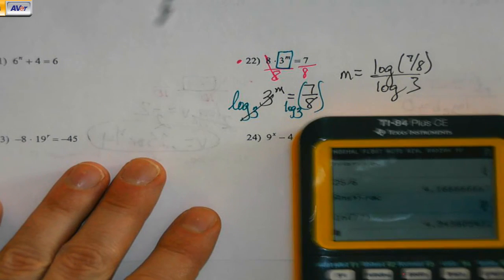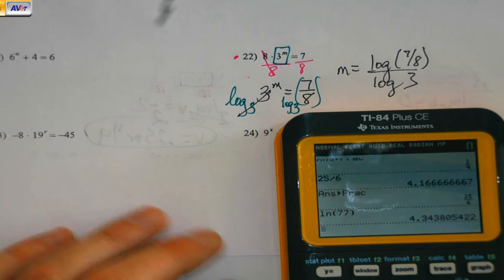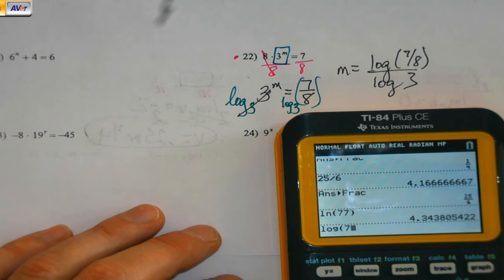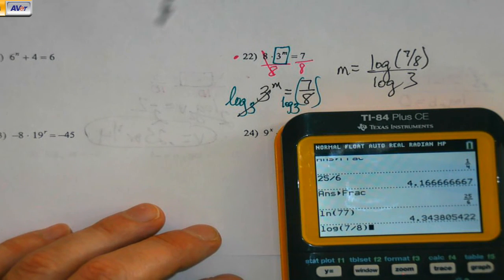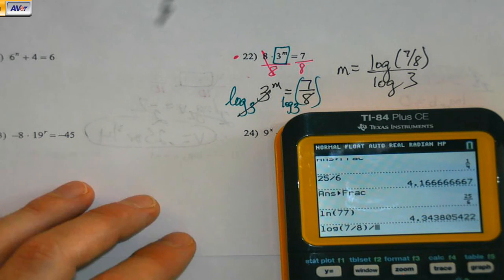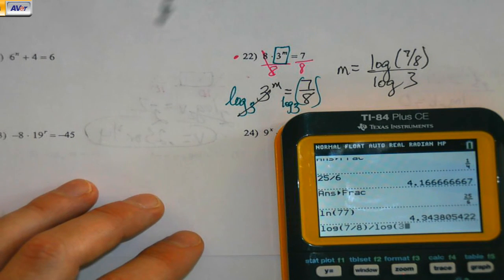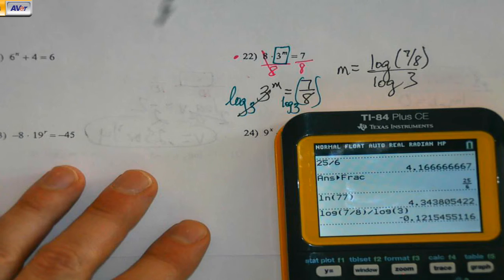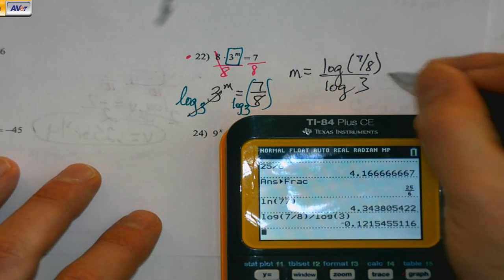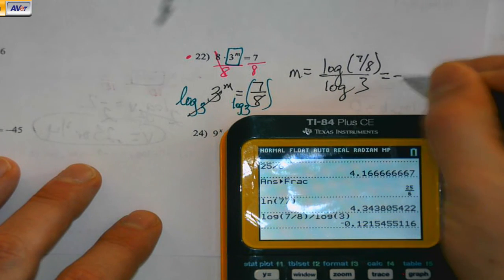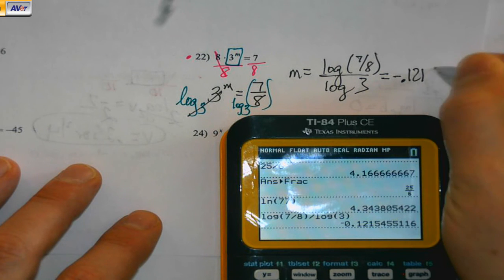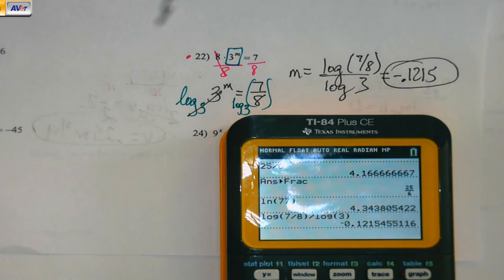So here, I just make sure I close my parentheses on whatever my big is. And again, getting some funky decimal stuff is not bad. And I get my value.